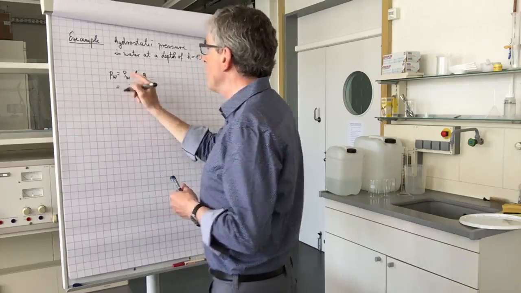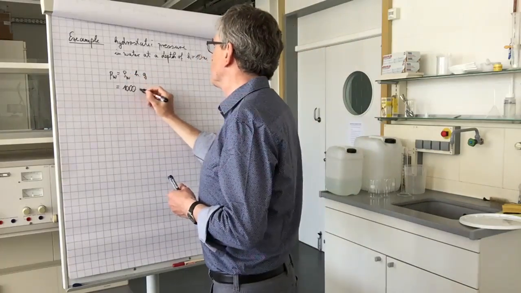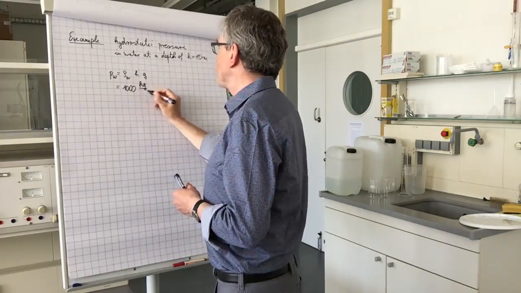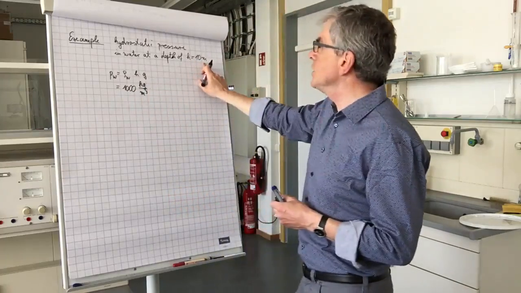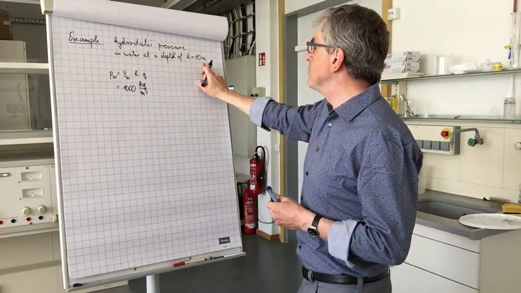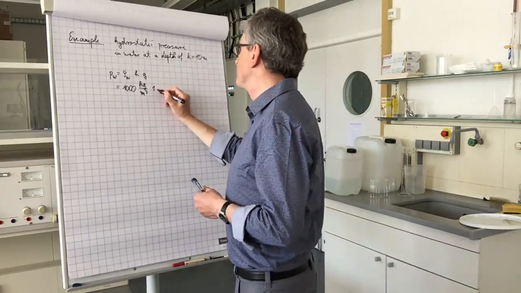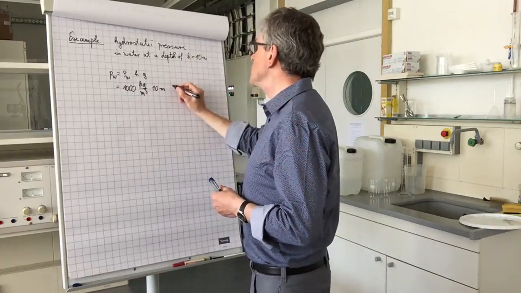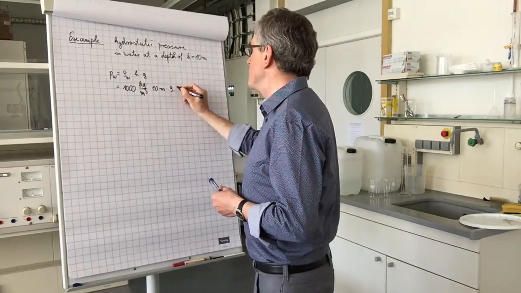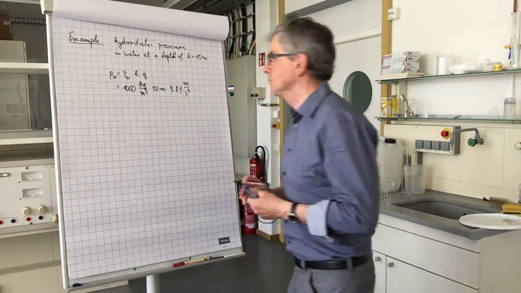So now we know that the density of water is 1,000 kilograms per cubic meter. We want to calculate now the pressure at a depth of 10 meters. And the gravity is, as usual, 9.81 meters per second squared.